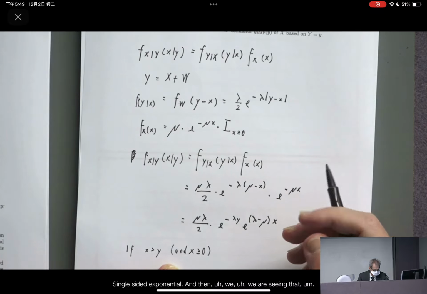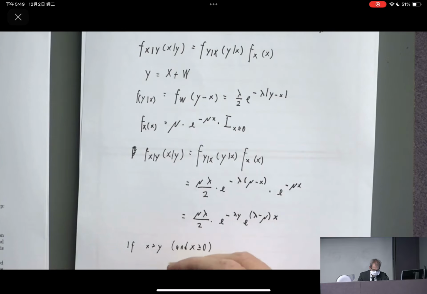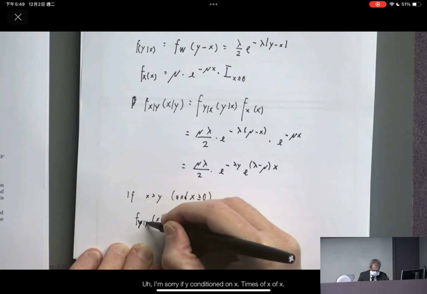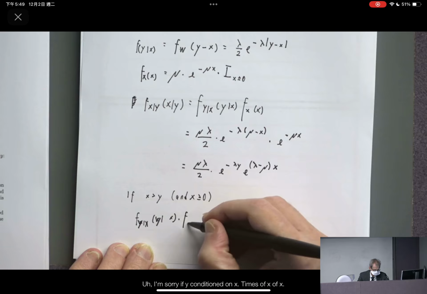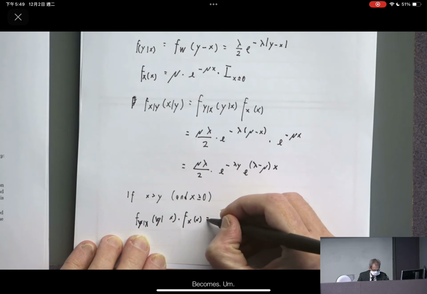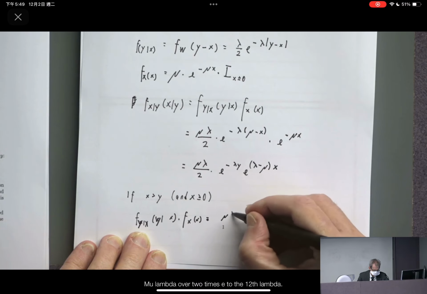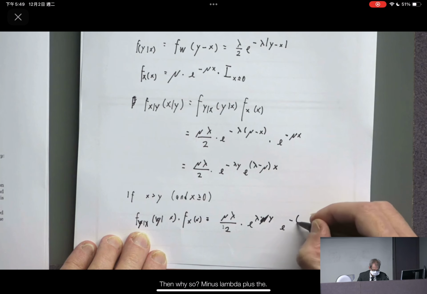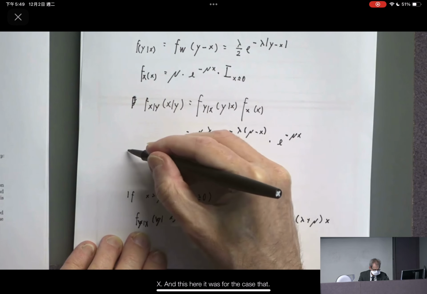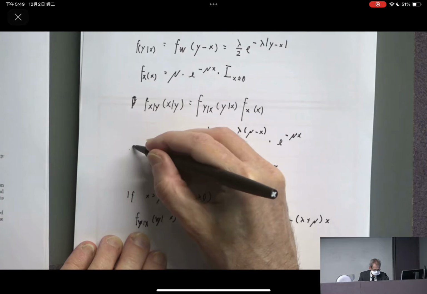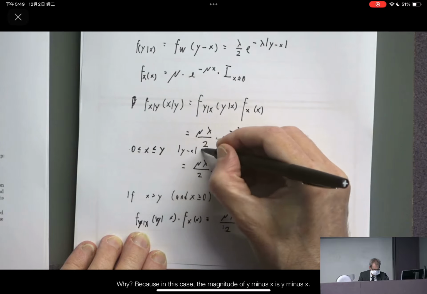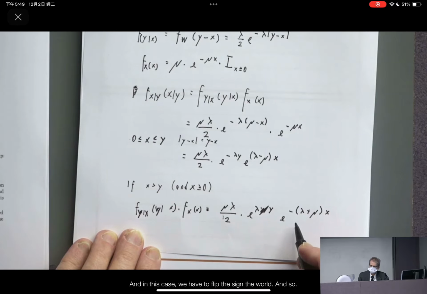Then f of x conditioned on y, f of y conditioned on x times f of x, becomes mu lambda over 2 times e to the power of lambda y minus lambda plus mu x. This was for the case 0 smaller or equal x smaller or equal y, because in this case the magnitude of y minus x is y minus x. In the other case, we have to flip the sign around.